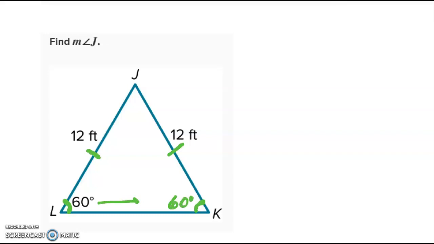So in this case, which is actually an even more specific case of an isosceles, I have two 60-degree angles, so angle J must also be 60 degrees. And then if you were asked for side length LK, well, that's also going to be 12 because we are looking at an equilateral.